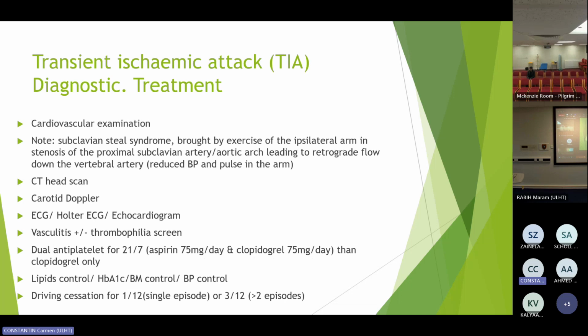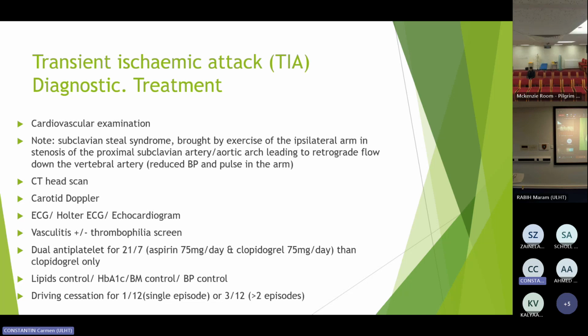So what is the approach in the TIA presentation? Very important, the cardiovascular examination. I just want to make a note that subclavian steal syndrome, especially in middle age adults, is brought up by exercise of the ipsilateral arm, with stenosis of the proximal subclavian artery and aortic arch, which of course is leading into retrograde flow down the vertebral artery.